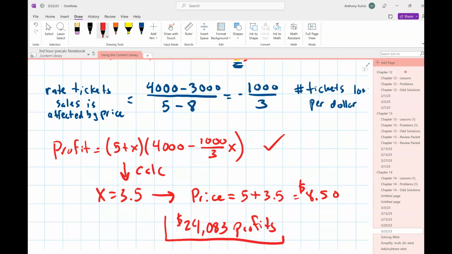Which seems like an awful lot of work to make an extra 83 bucks, considering when we sold them for $8, we made $24,000. But $83 is $83, right? Somebody's gonna be mad if you leave that on the table.